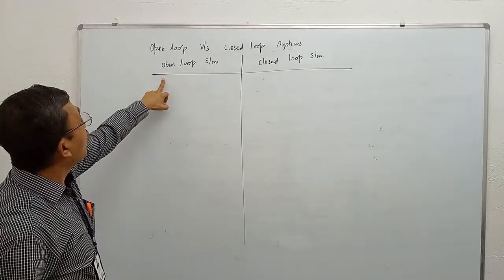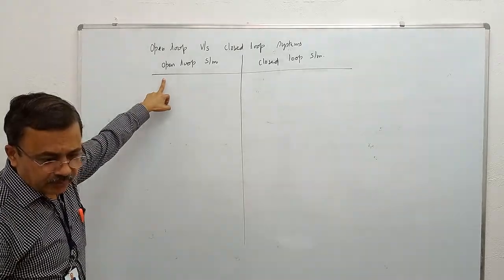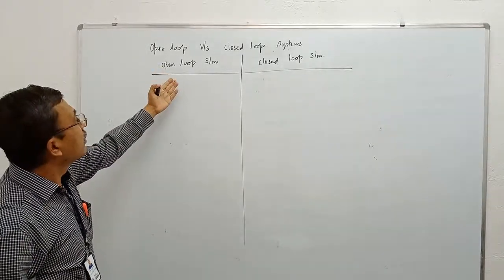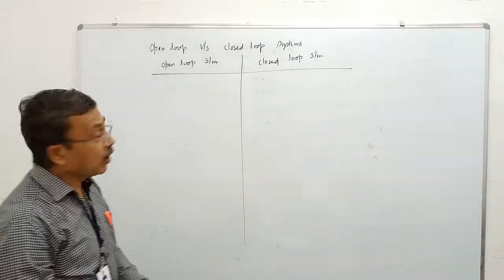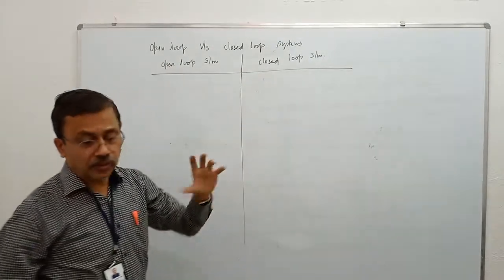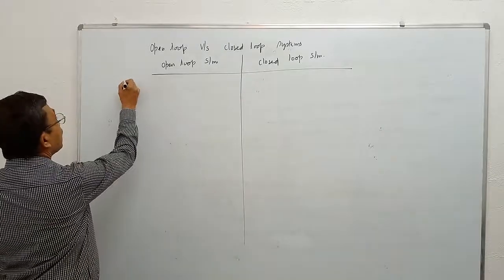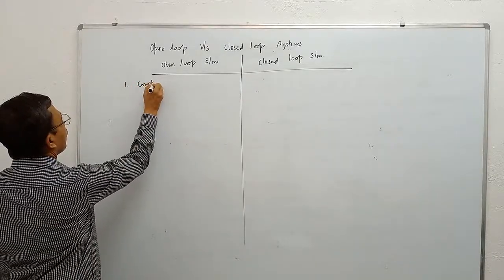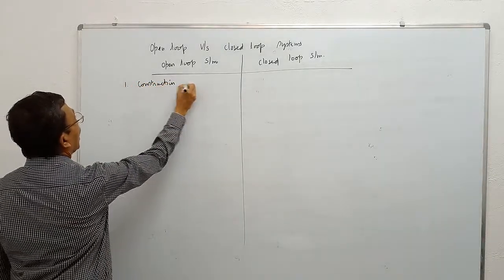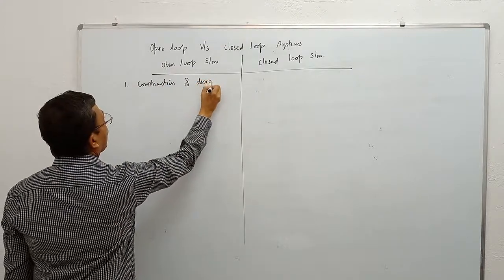Construction and design of an open loop system is simple, hence cheap. Closed loop system design is complicated and hence more expensive. So I am going to write the first point: construction and design.